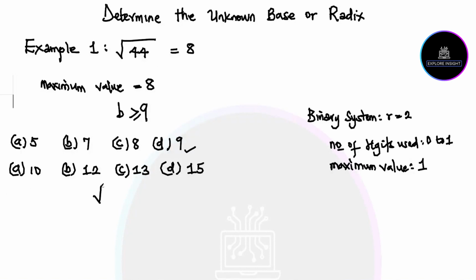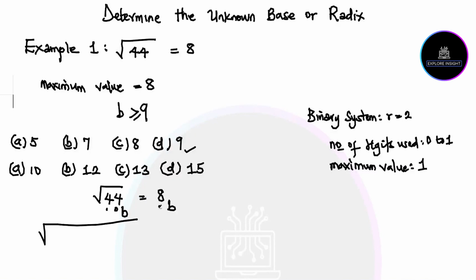All I'm going to do is put back my given relation. For me to convert this, I will identify the unknown base as B on both sides. Expanding this, we recognize the place values: the first value as 0, the second one as 1.